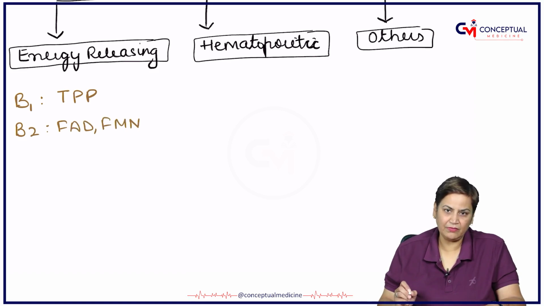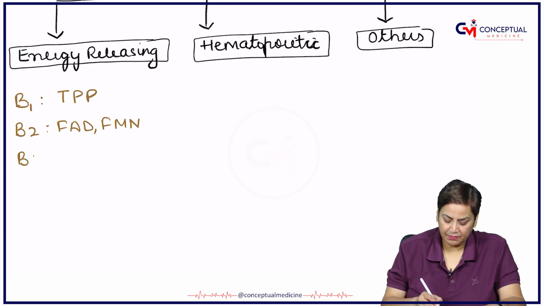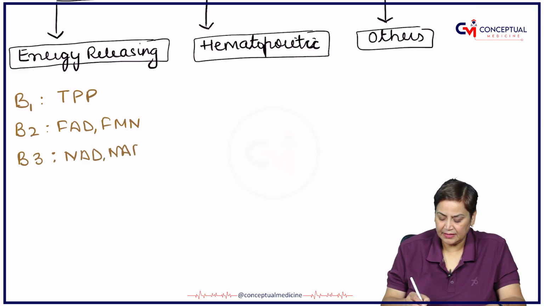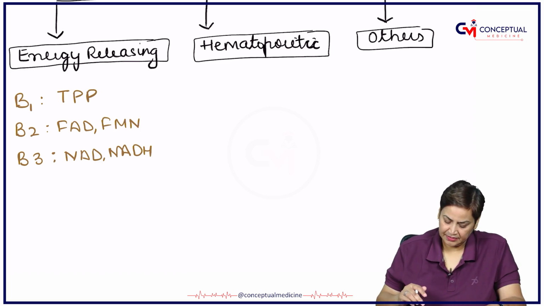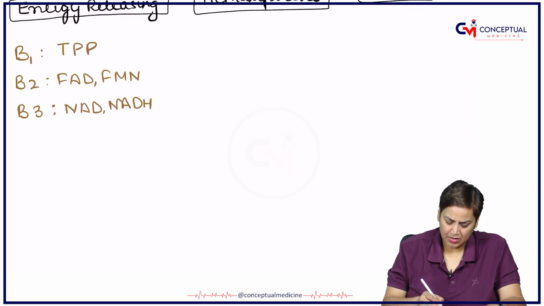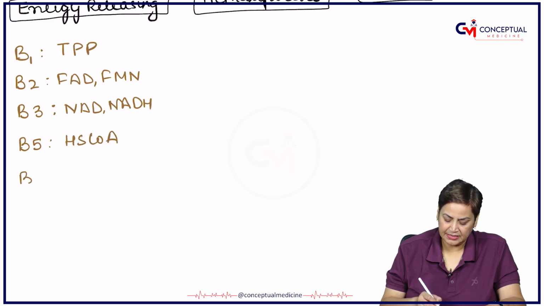or riboflavin, vitamin B3 whose active form is NAD or NADH, which is niacin, and B5 which is pantothenic acid, whose active form is SH-CoA, and B7 which is biotin.